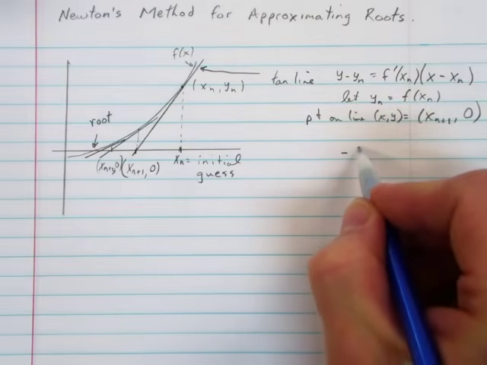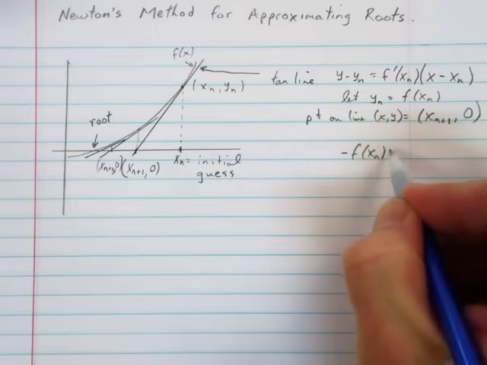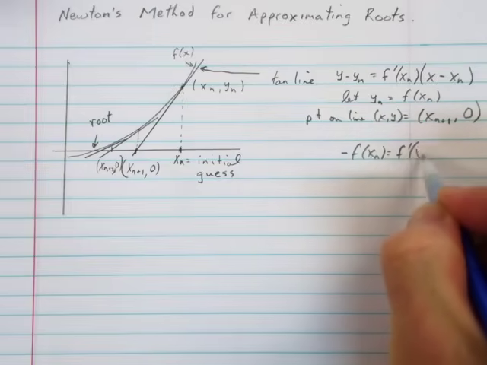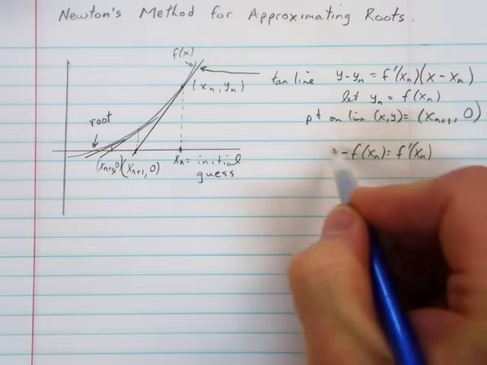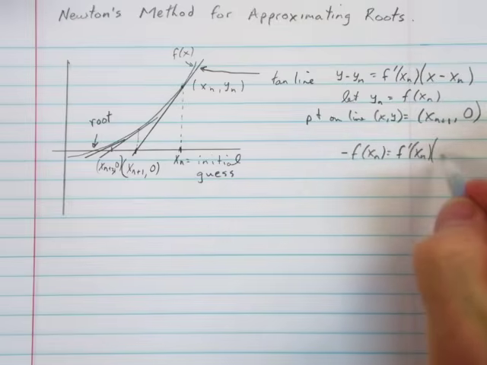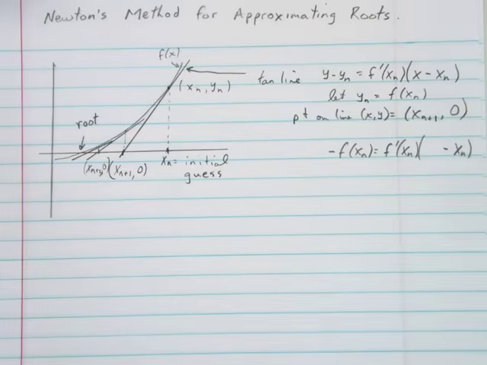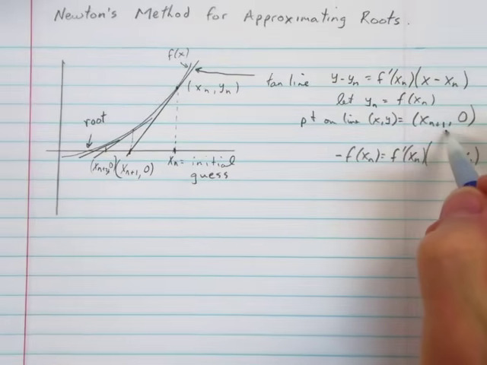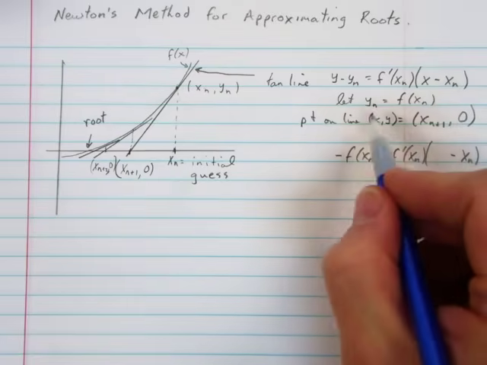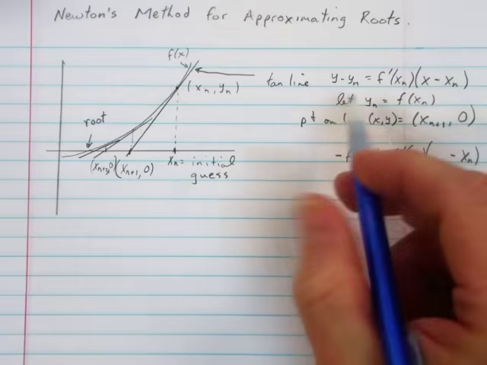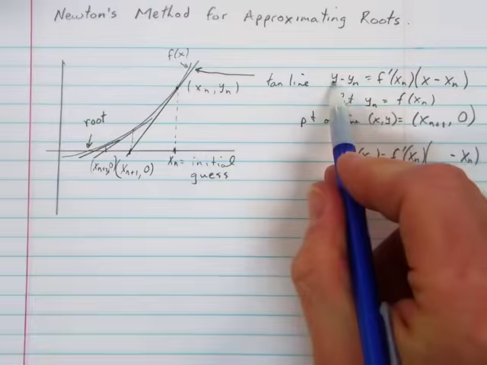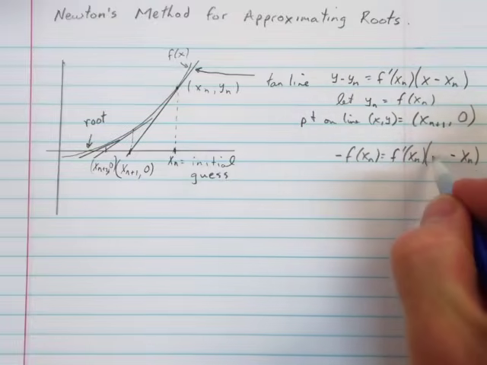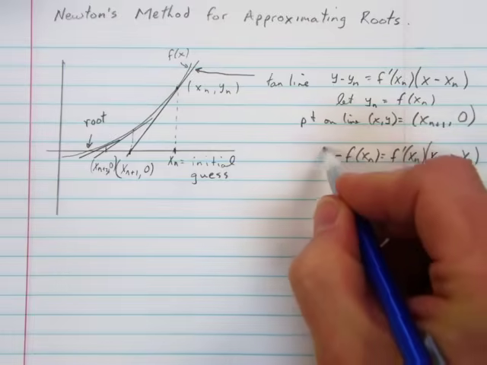So we'll have minus f of x sub n, and we still have our f prime of x sub n, and then x minus x sub n. Now the point is x sub n plus 1, comma 0, and we're substituting that in for the x y values. The x is x sub n plus 1, and the y value is 0.